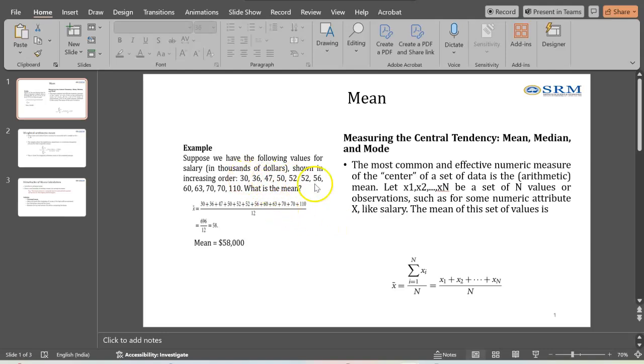Here you have 12 values. That gives you the mean, which in normal terms you call the average. Since all the salaries are in dollars, the mean is equal to $58,000.